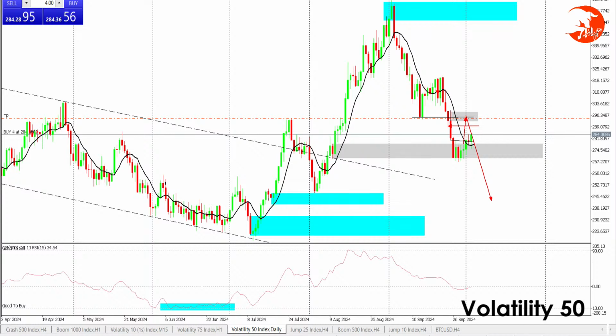We are making lower lows and lower highs. So the anticipation is for a lower high either here or there, and then later on come into sales probably to this, or be here, or even more. So we will be waiting for that for now.